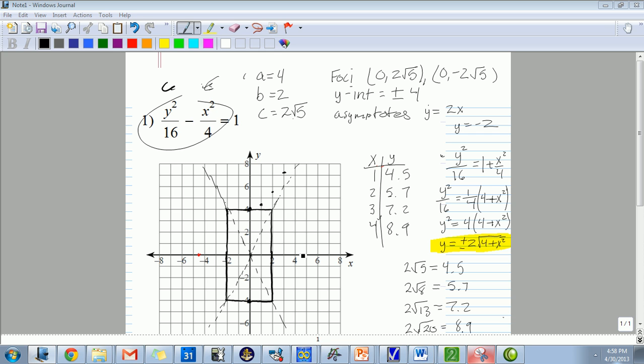And 4, 8.9, that's actually off the graph, like up here somewhere. That's where that is.